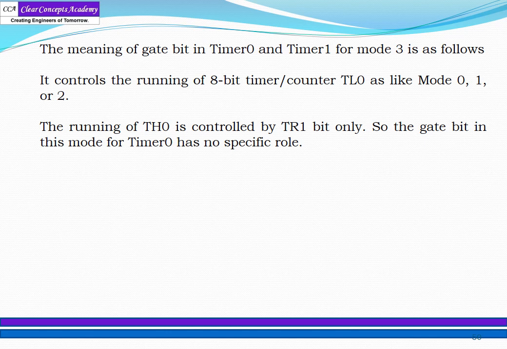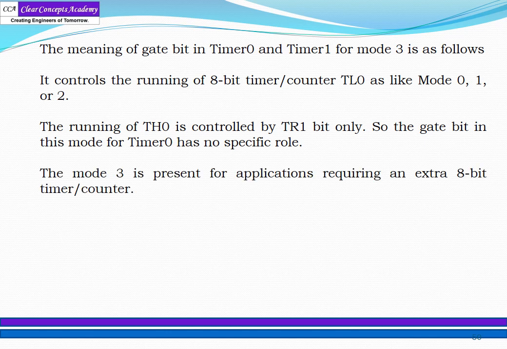Here the gate is not playing any role because this is being controlled by the timer 1 flag when TH0 is getting overflown. Mode 3 is present for applications requiring an external 8-bit timer or counter.